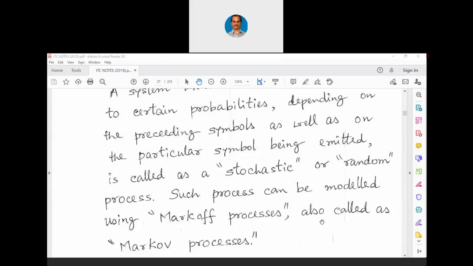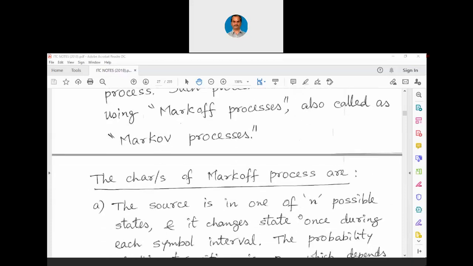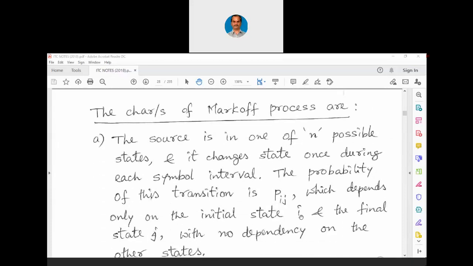Such a process which can be modeled is called a Markov process. In other words, a stochastic process can be modeled using a Markov process. A Markov process uses only joint probabilities. It will be clear when I discuss the next exercises.